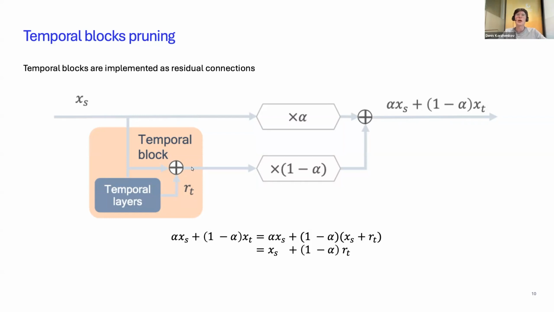And you have this residual connection with learnable 1 minus alpha multiplier, which is applied to the output of temporal blocks inside the single block of this UNet. So, you can think like, okay, this means that if 1 minus alpha multiplier is low, if it is close to 0, then basically we can prune the temporal block and retain only the spatial block.